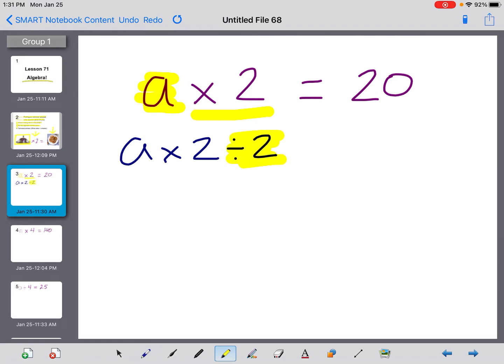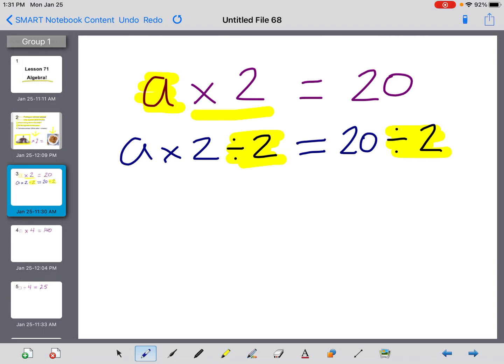Okay, so we've done the opposite to one side. But in order for the equal sign to be true, in order for both sides of this equation to be equal, we also need to do the same thing over on the other side. So we need to take our 20 and divide it by 2. Okay, so really, really important that you remember to do the opposite thing to both sides.